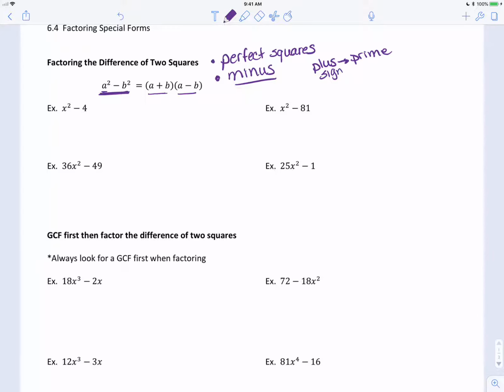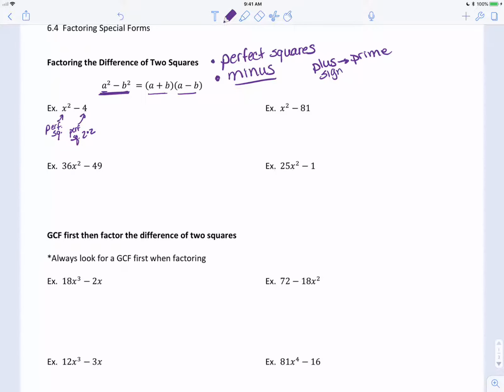Okay, so let's just look at a few examples. So we have x squared minus 4. Well, x squared is a perfect square because it's x times x. 4 is also a perfect square. It is the perfect square of 2, it's 2 times 2.